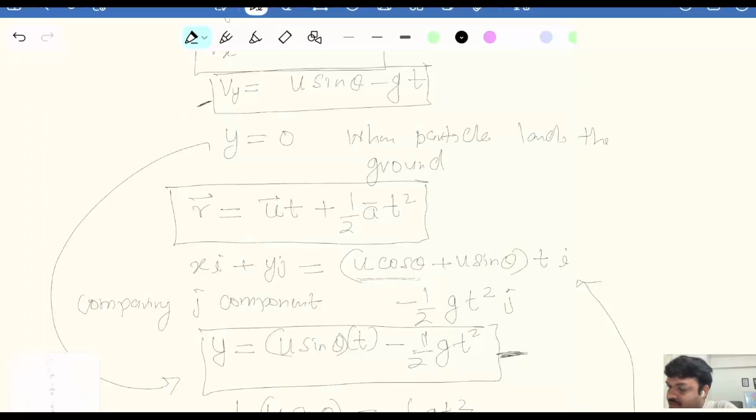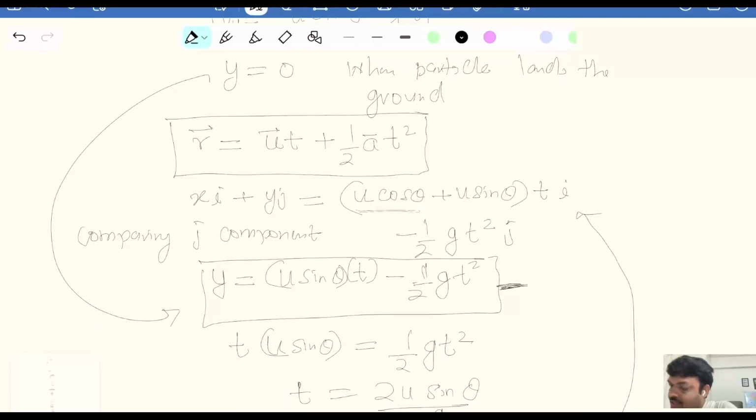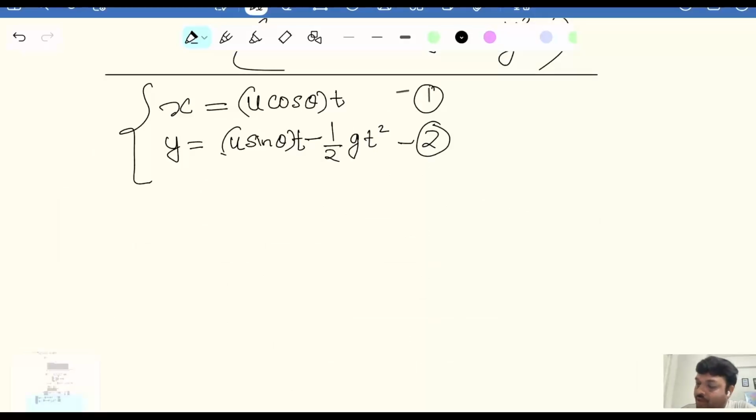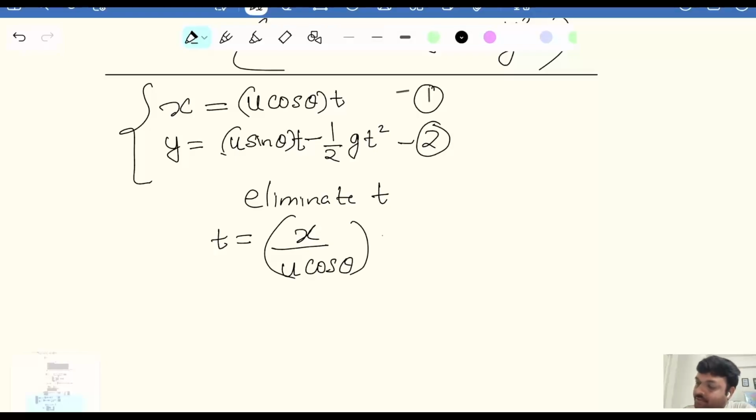In my previous session, I talked about this: y is equal to u sine theta t minus half g t square, and then the x component was u cos theta multiplied by t. Okay, so now we will eliminate t from our equation. So t becomes, from equation 1, x divided by u cos theta. We will put this value in equation 2.